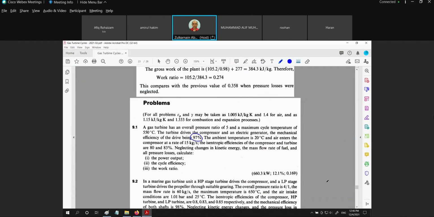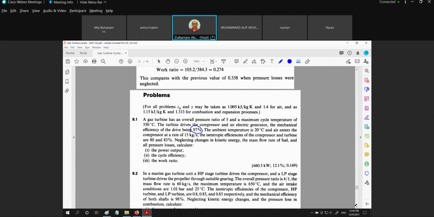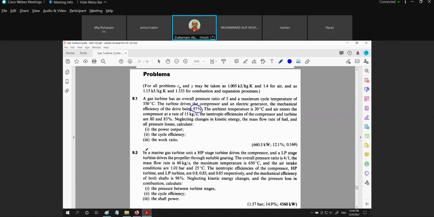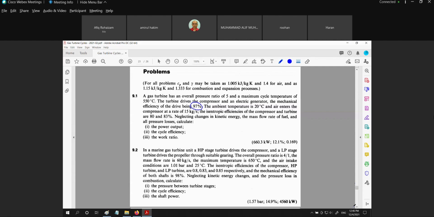Okay. Now, let's try to discuss 9.2. A marine gas turbine unit: a high pressure stage turbine drives the compressor, and the low pressure stage turbine drives the propeller through suitable gearing.